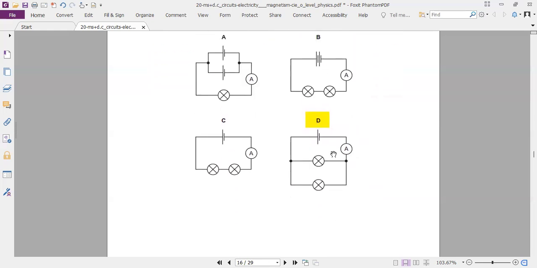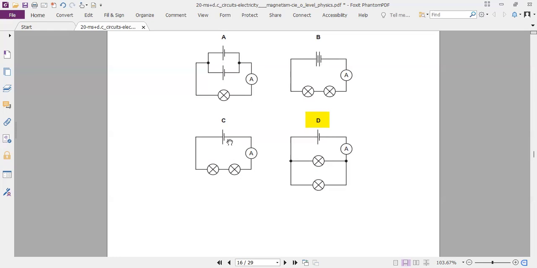Taking the opportunity, let's discuss these circuits as well. So we have two parallel batteries and the current will be the same. We have two in series, so the current will decrease. And again, the current will stay the same because of the two batteries.